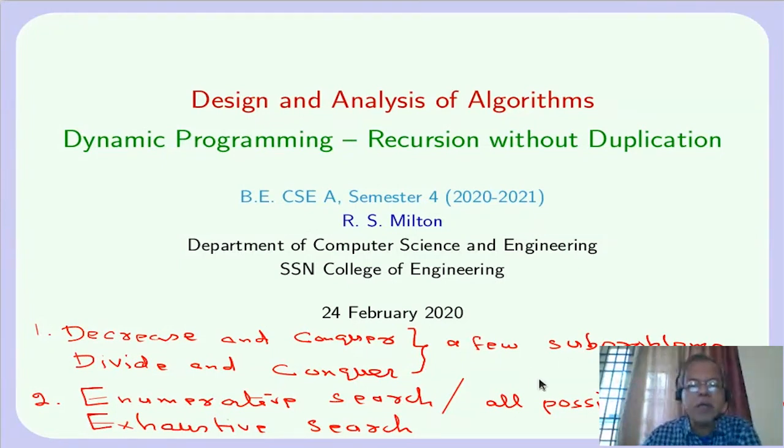Therefore, there is a world of difference in the running time between the first strategy, decrease and conquer, divide and conquer, and exhaustive search. Whereas the running time of decrease and conquer and divide and conquer is polynomial, the running time of enumerative search or exhaustive search is exponential.